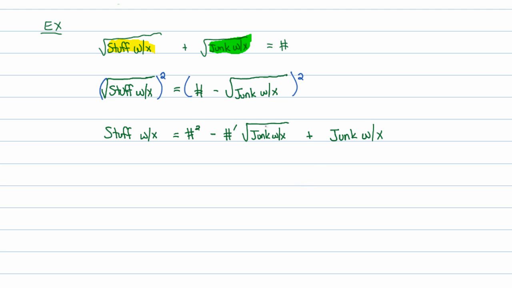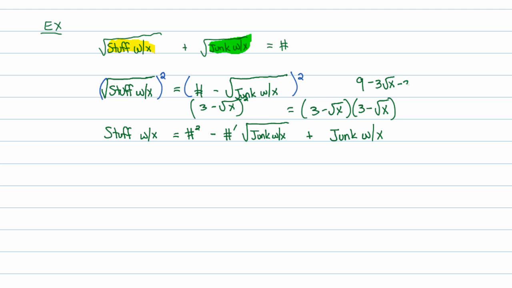Now, take a look through this whole entire thing. By the way, if that was too confusing for you, substitute a number like 3 minus the square root of x. If you square that, you'll see it's 3 minus root x times 3 minus root x. Sorry that I'm writing so quickly. 3 times 3 is 9. 3 times a negative root x is a negative 3 root x.